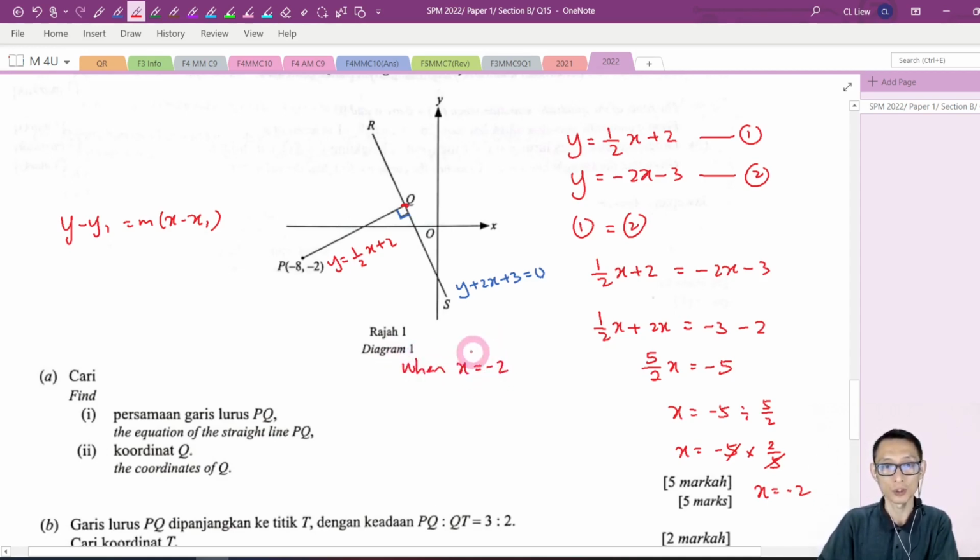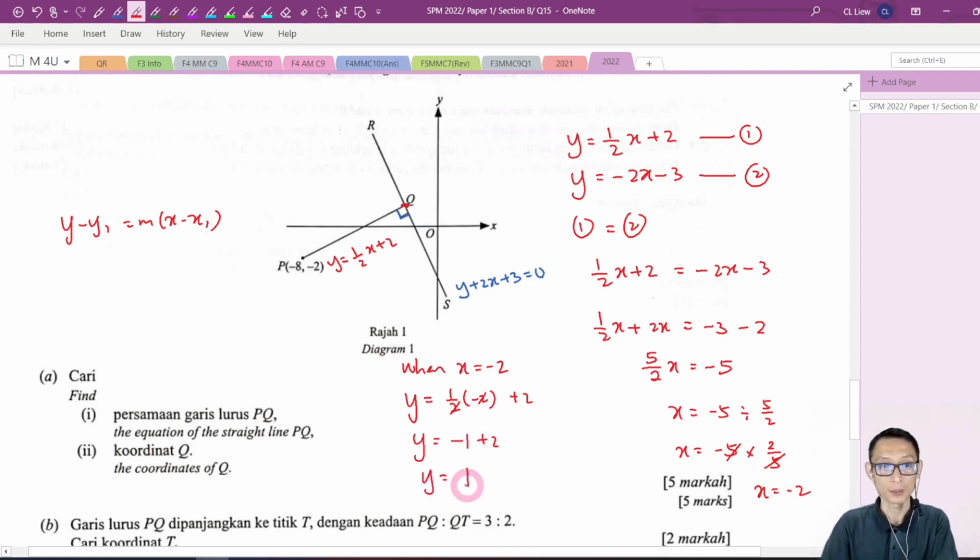I'm going to substitute this into the first equation. So y is equal to 1 over 2 times x plus 2. When you do it this way, you have to be more careful. This is negative 1 plus 1. So the y coordinate is 1.